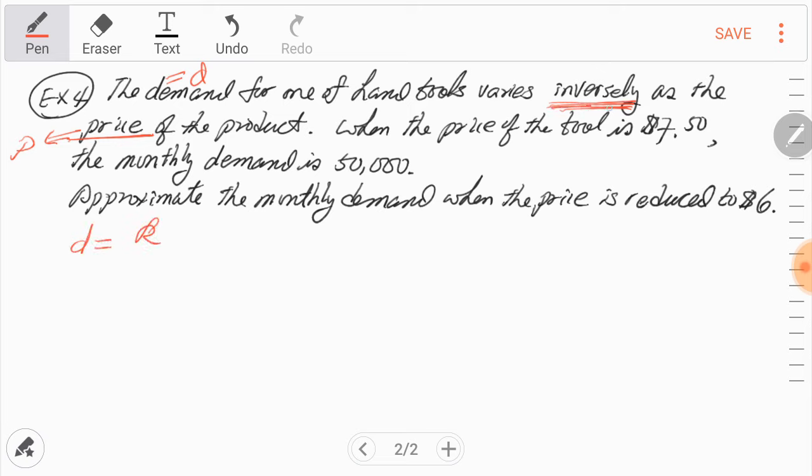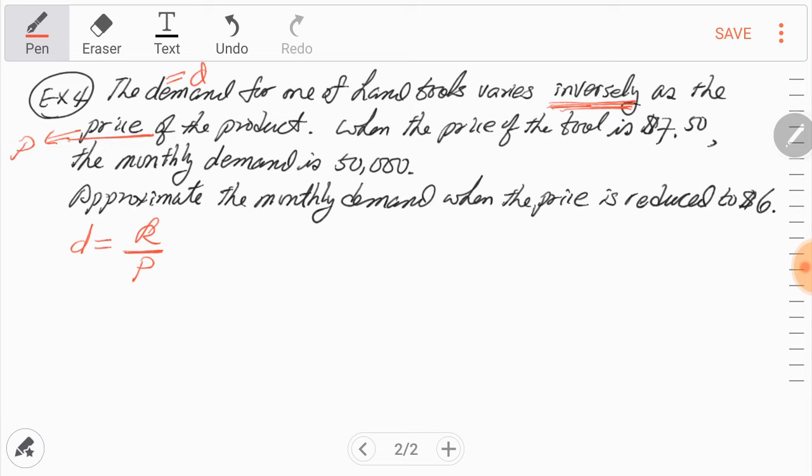So inverse variation is what? Divide by k, not multiply by k. So k over the price. This means if the price gets higher, then the demand will get smaller. When the price is low, then there will be more people willing to buy.